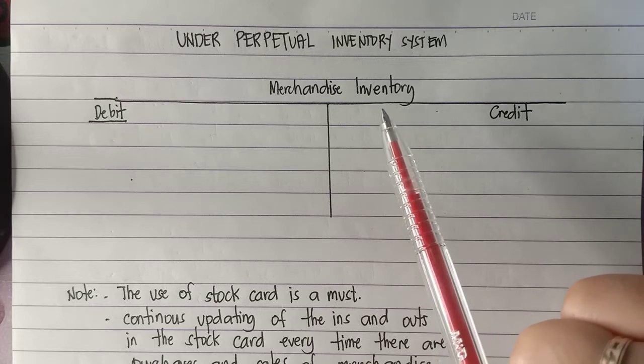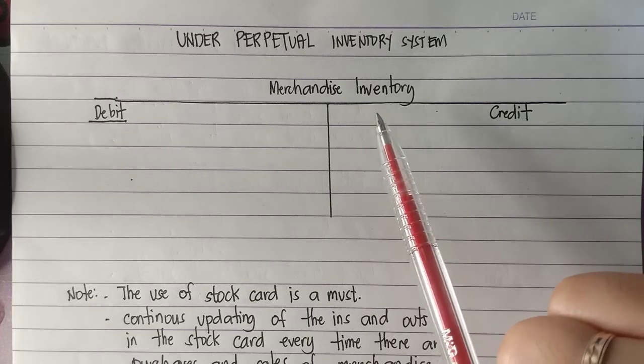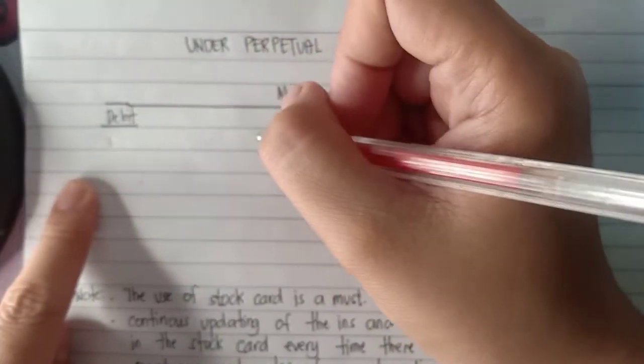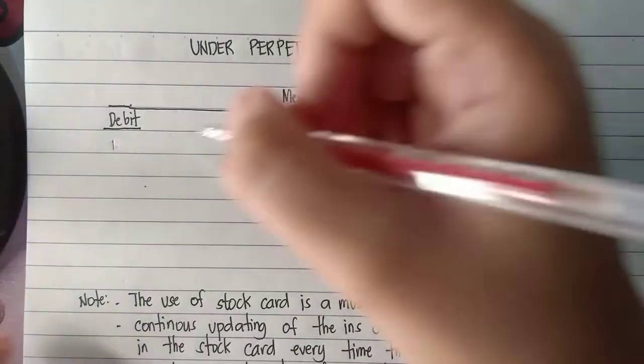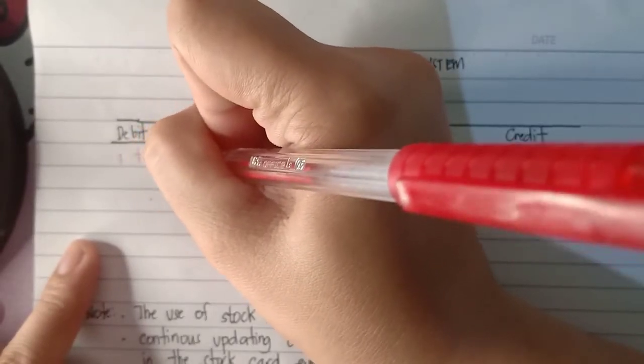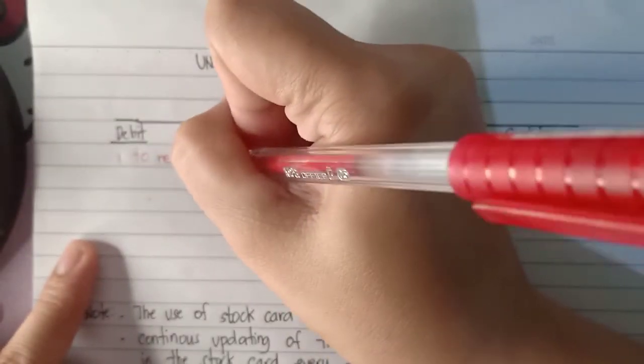So we will record merchandise inventory on the debit side when, first, we record purchases.